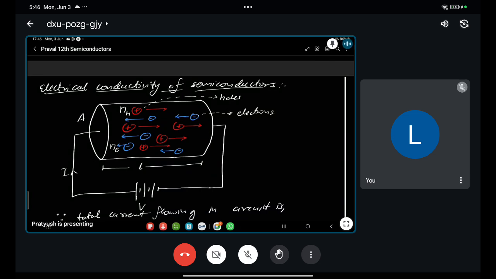Now when we apply a potential difference V across the ends, then what will happen? Because of the battery, an electric potential difference will be formed across the two ends of semiconductor, right?